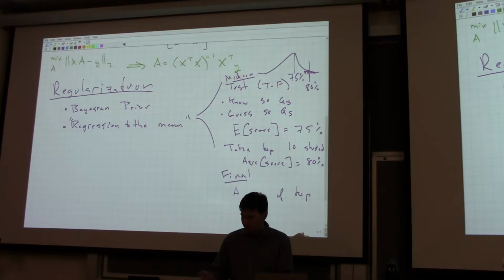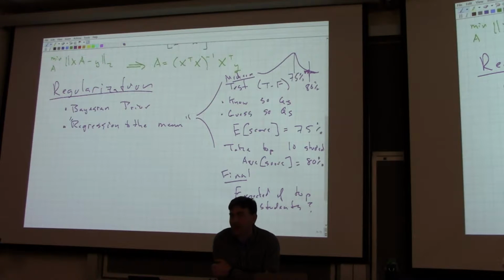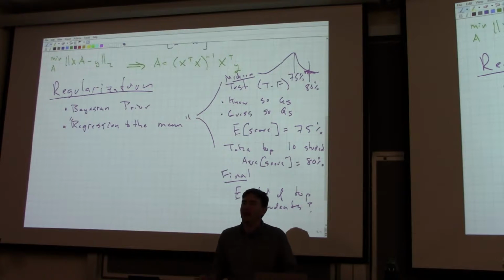Not the average, the expected value of the top students. What's the expected score that the top students would get? Will it be the same? Is that 80 or is that 75?